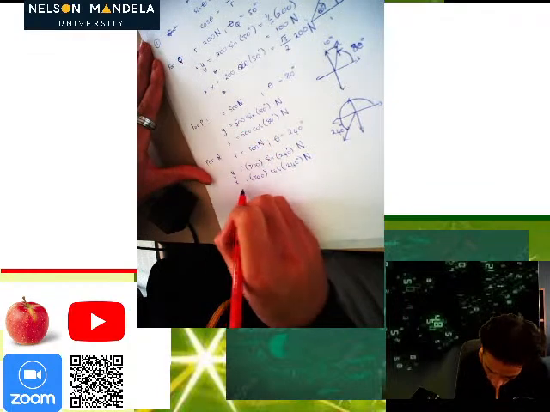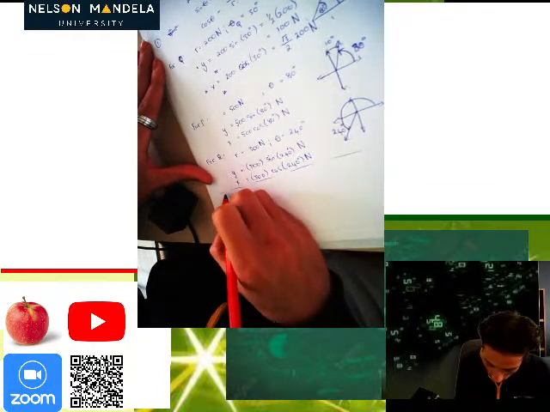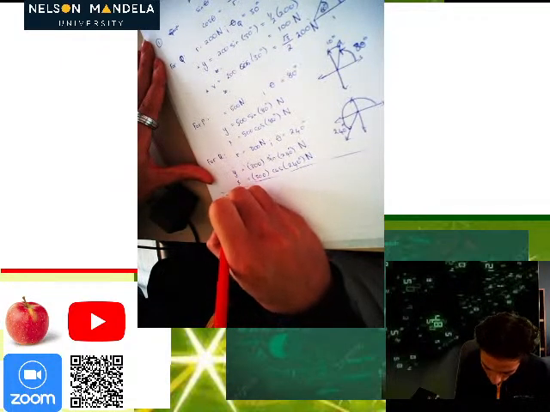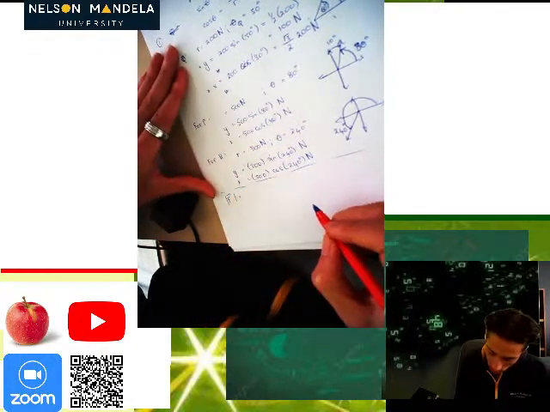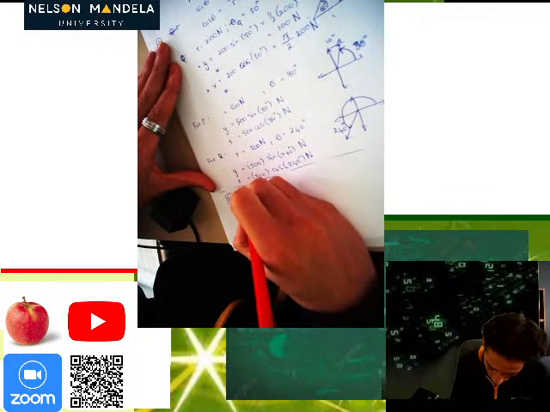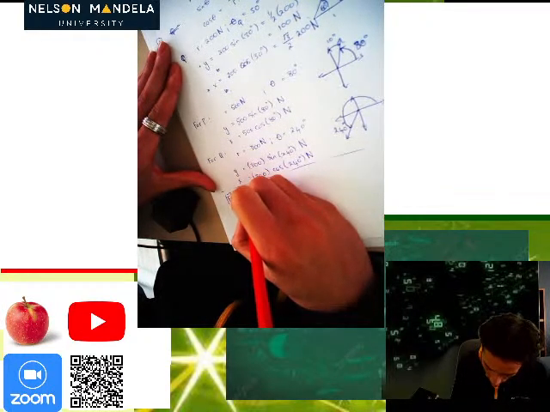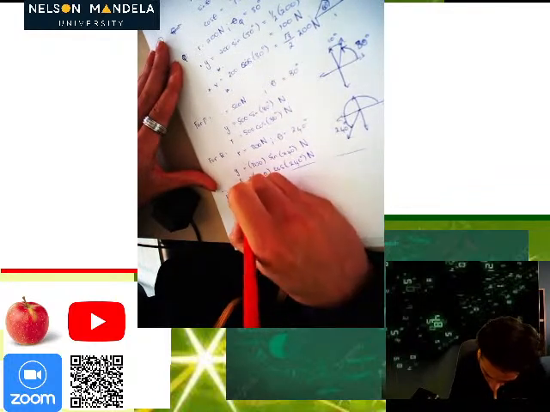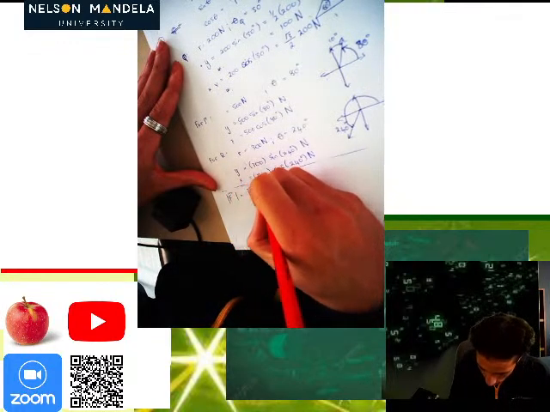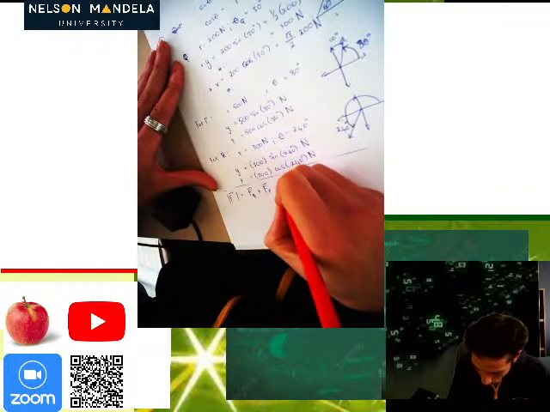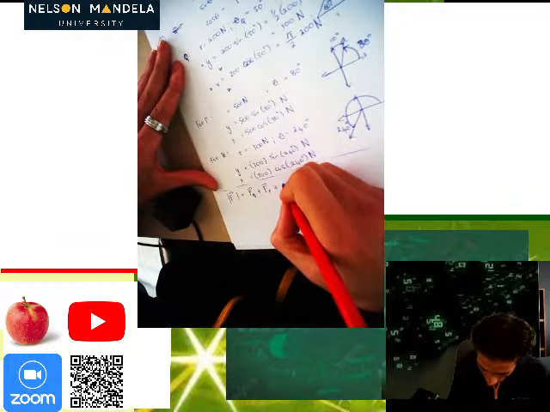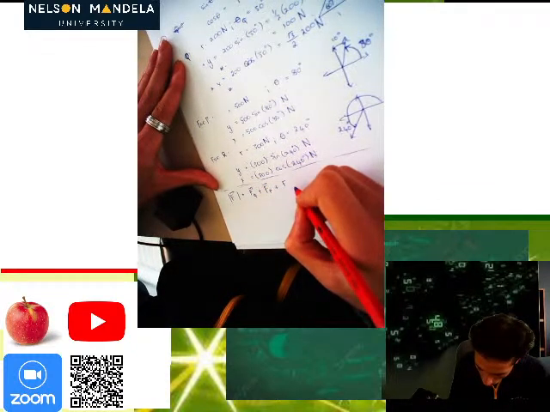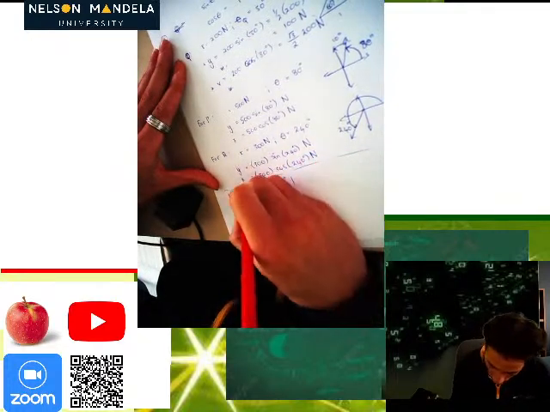So just in general, I can say that the magnitude of the net force is equivalent to the force in the direction of Q plus the force of P plus the force of R. So just one magnitude.